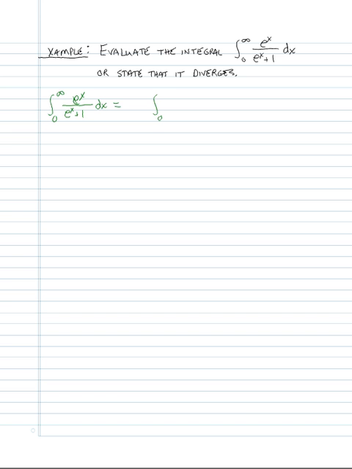So we can evaluate from 0 to some constant b that is bigger than 0. And then we, of course, take the limit of that result as b gets larger and larger, that is, as b goes to infinity. So that will accomplish what we're trying to do.